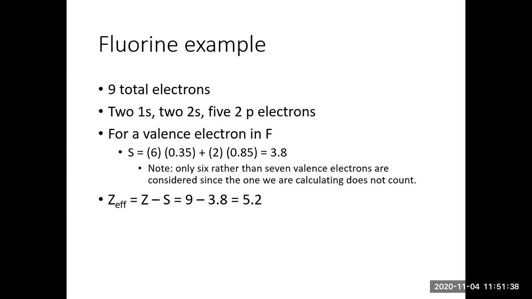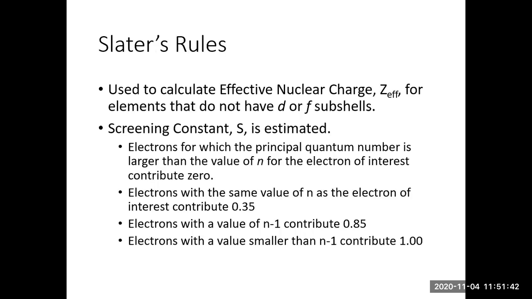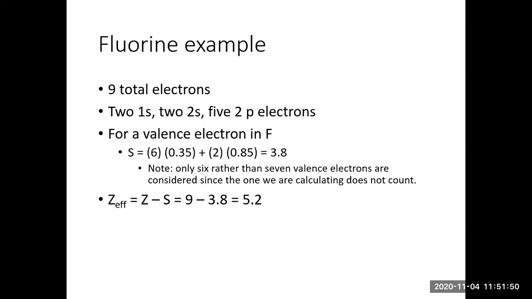We have 6 times the 0.35. Remember, we said 0.35 is the value we use for electrons of the same value of n as the electron of interest. So we said we had 2 2s and 5 2p. So that's 7 electrons that are in that n equals 2 shell.